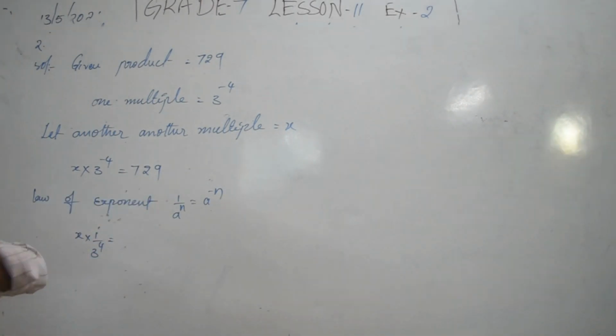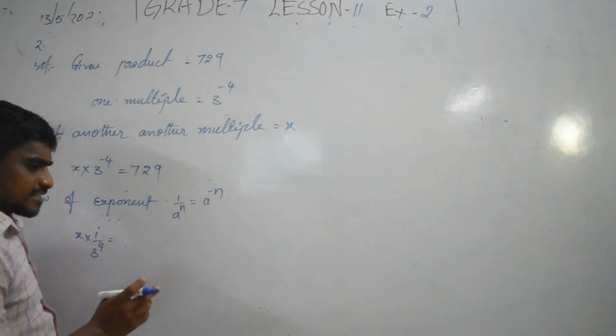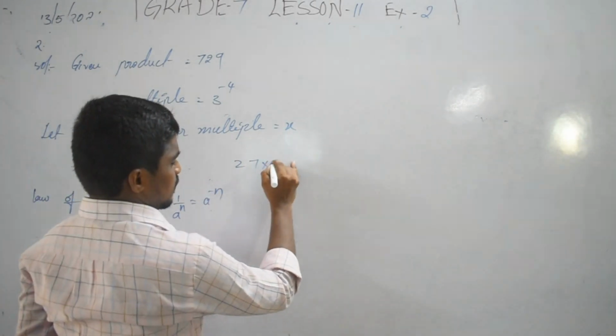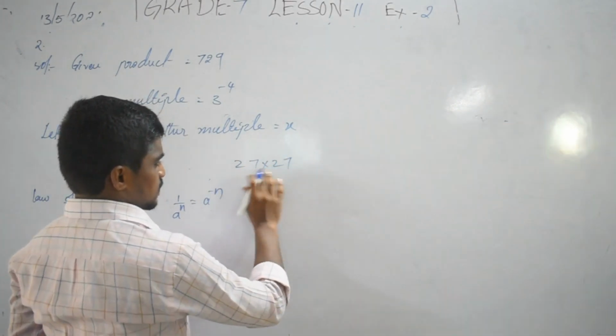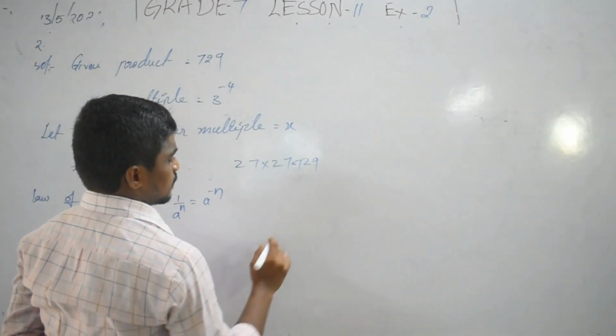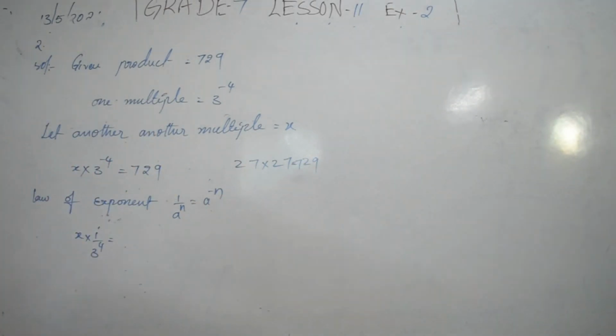So which number squared gives 729? 27 sevens are 729. So 27 squared is 729.